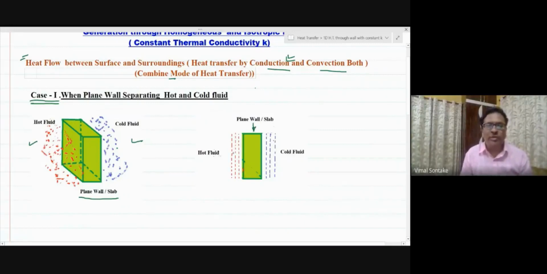Now hot fluid will be represented by a thin fluid film, and similarly the cold fluid will be represented by a thin fluid film. I cannot draw the entire mass of the fluid. So for the representation purpose, this hot fluid film will represent the entire hot fluid, and this cold fluid film will represent the entire cold fluid.